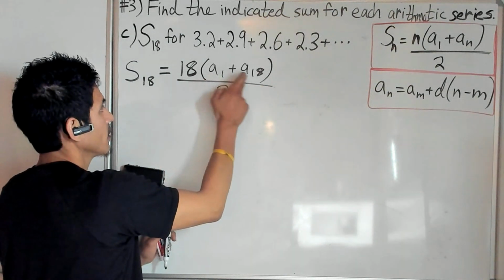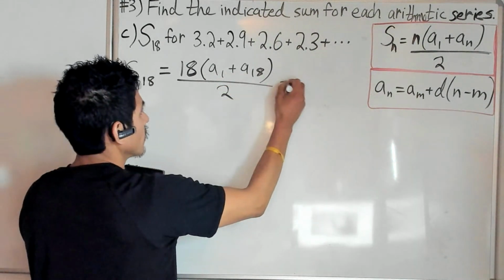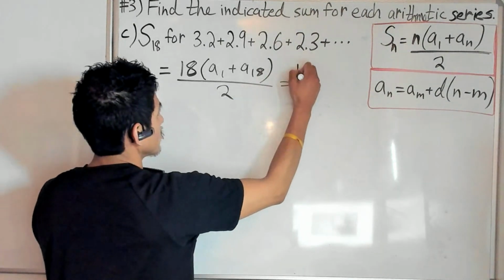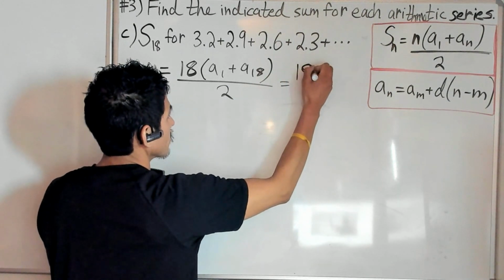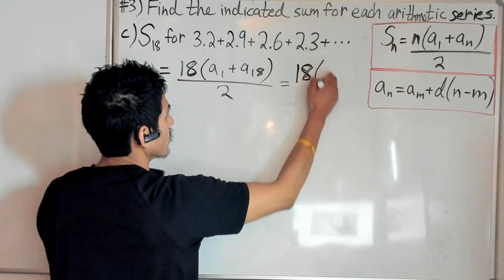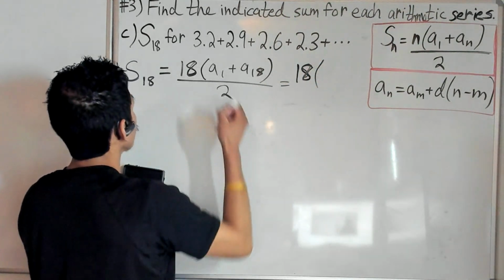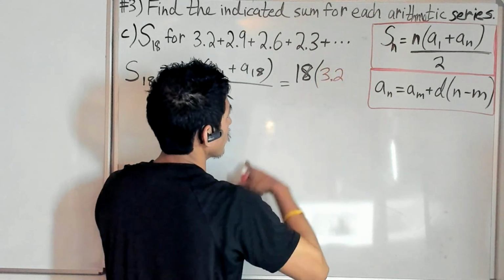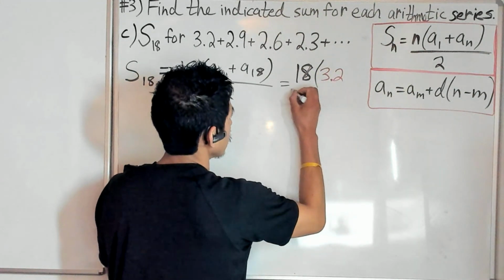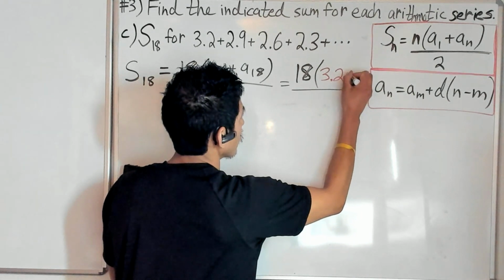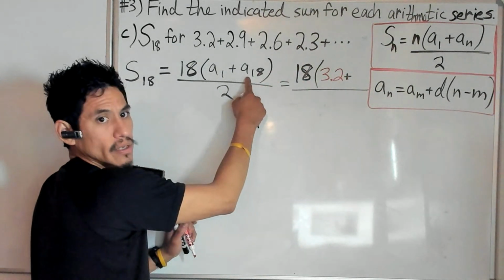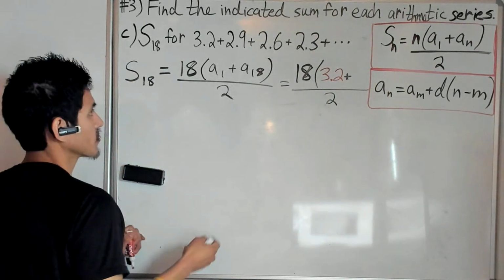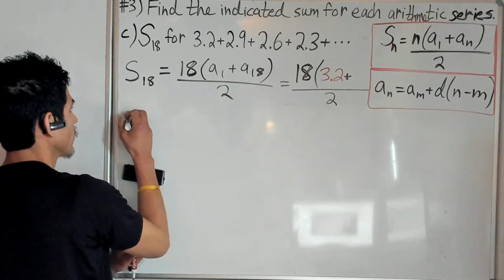So we need to find a1 and a18, and then we can just evaluate this. So we have 18 times a1, which is easy because it's given there, 3.2. But we're going to need a18. So let's leave that for now, and let's work on finding a18.